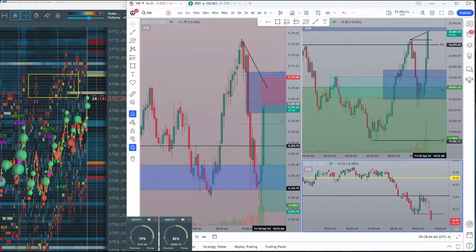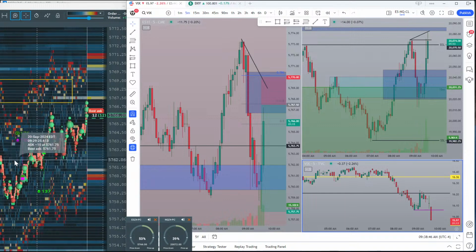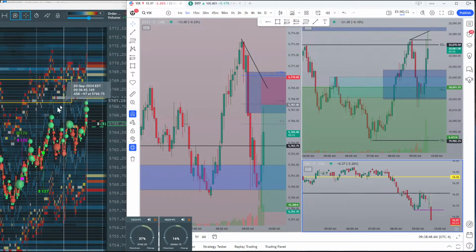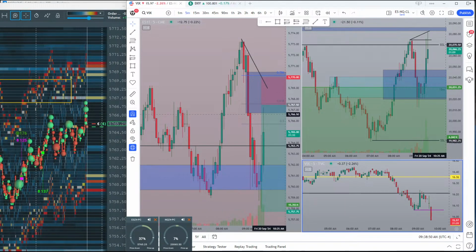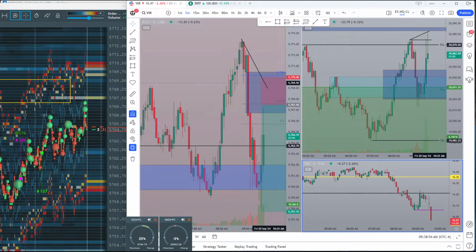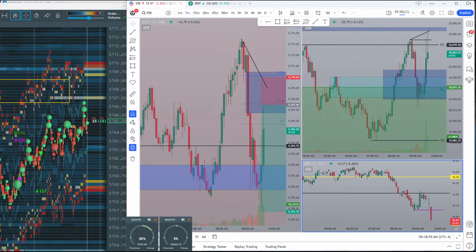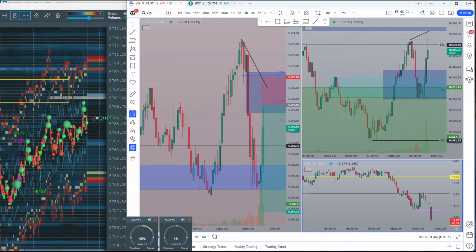Here comes that buying. Again, the sort of weak buying right there. Tell you guys what, give me one more push into that, and we'll give that a shot with a short.